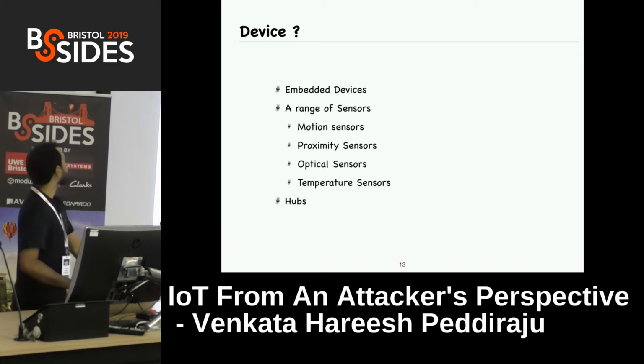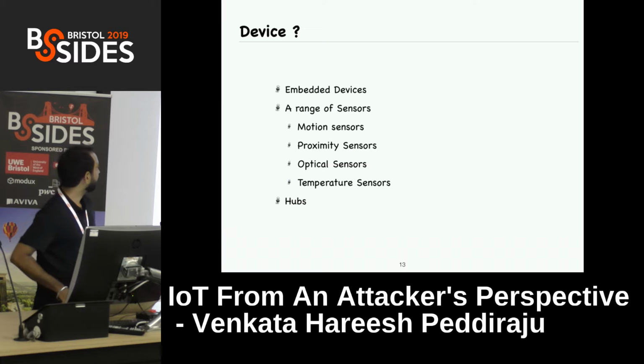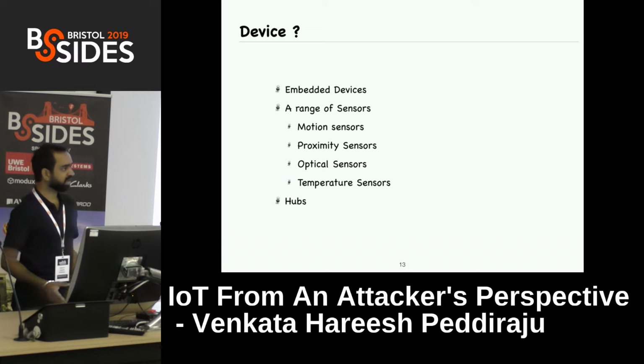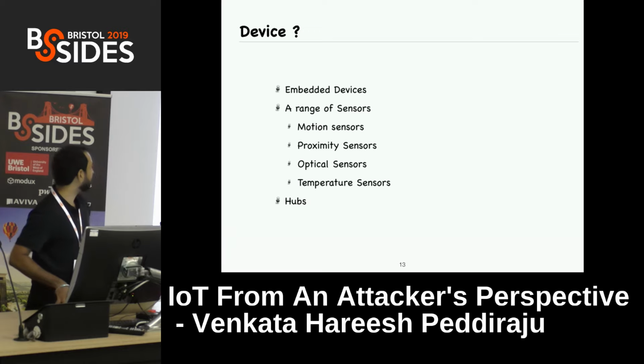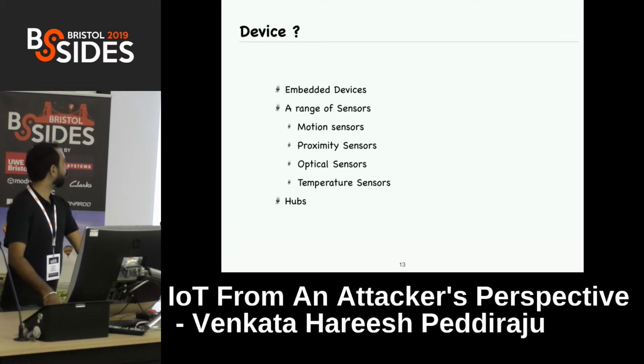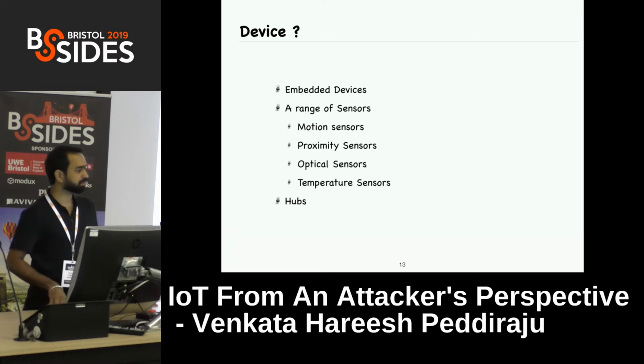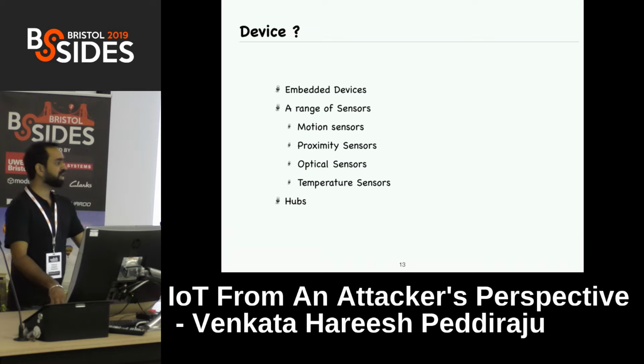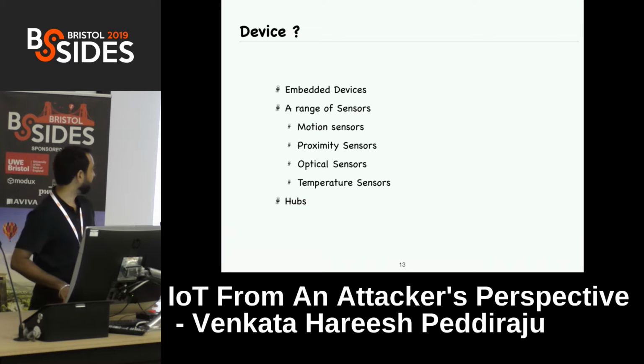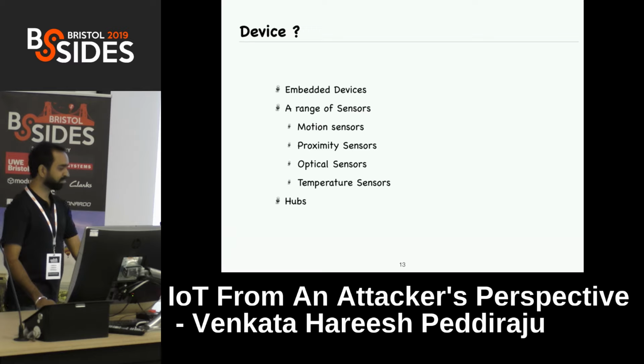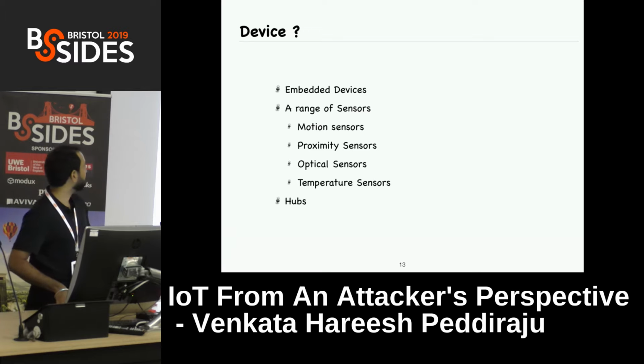So, what is a device? A device, as we discussed earlier, could be an embedded device that is in any dumb device like your refrigerator, washers, and so on. An embedded device will essentially have a minimal processor and a small NAND flash storage. We are not talking about megabytes or gigabytes here, it's basically in kilobytes. Sensors can range from motion to temperature sensors.